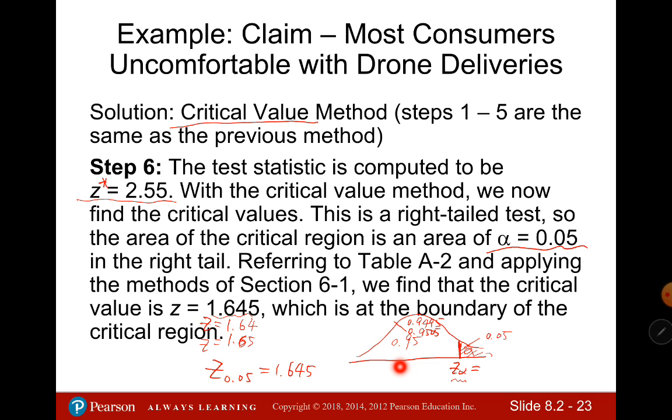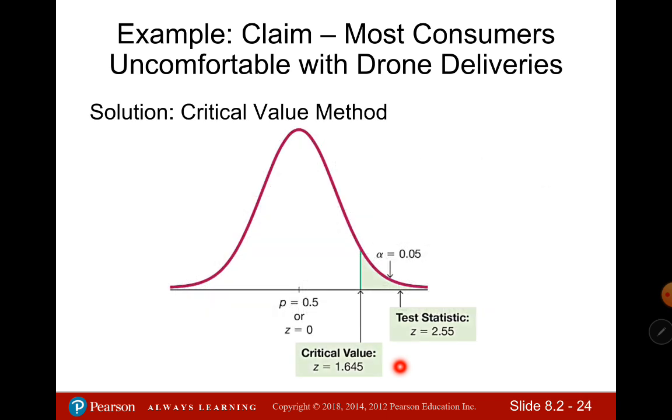After we get a test statistic Z, this is the position. This test statistic Z of 2.55 is greater than the critical value 1.645, so it's to the right of this critical value. We know this test statistic falls in the reject region.